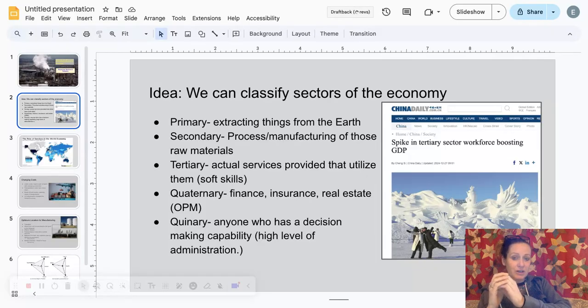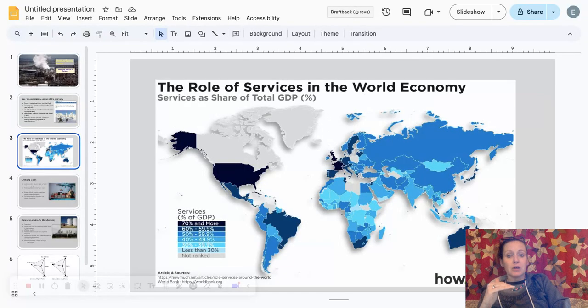We were a primary country. We industrialized, right? We're now into a service sector and beyond economy. All right. Why is that? And so, just so you see here, this is a news article from, I think, just a few months ago that China, right, which is still a developing economy, is moving more into the tertiary economy and how that's helping their GDP, gross domestic product.